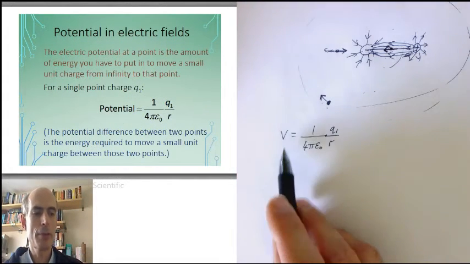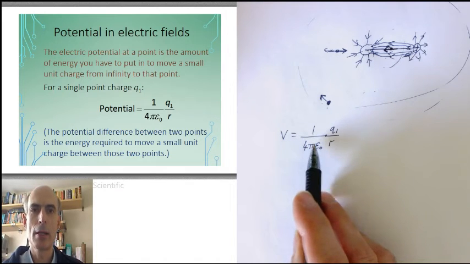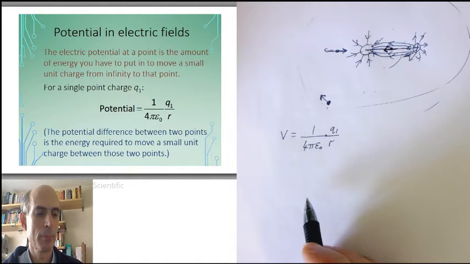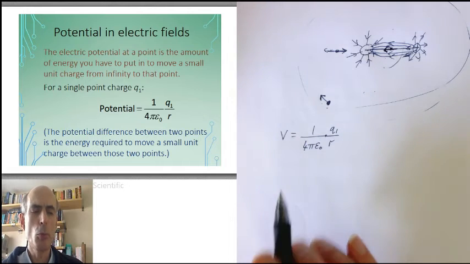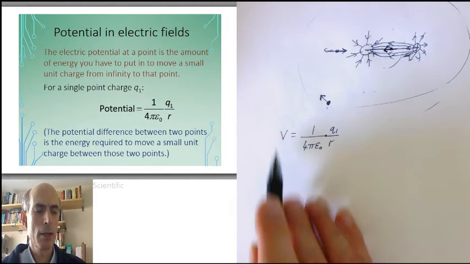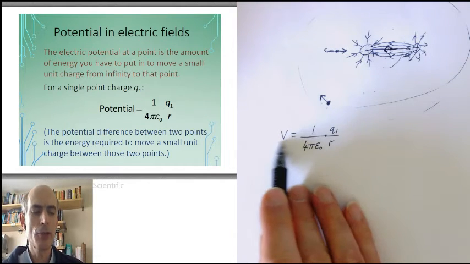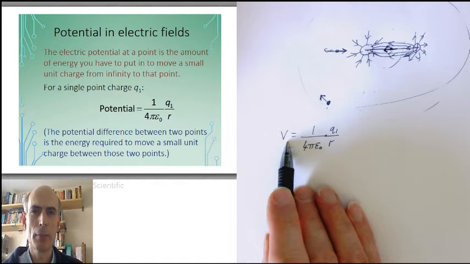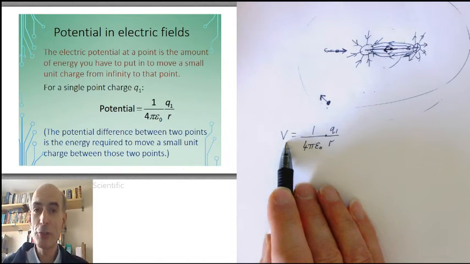And this is energy that is acquired by the electric field. It's worth pausing at this point to consider why I'm writing this as V. Does this have anything to do with voltages in circuits? And the answer is yes, absolutely it does.